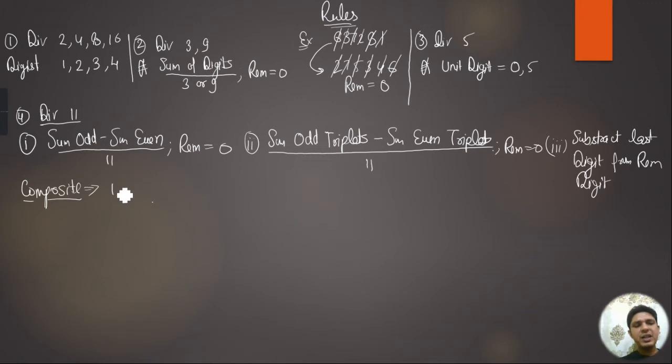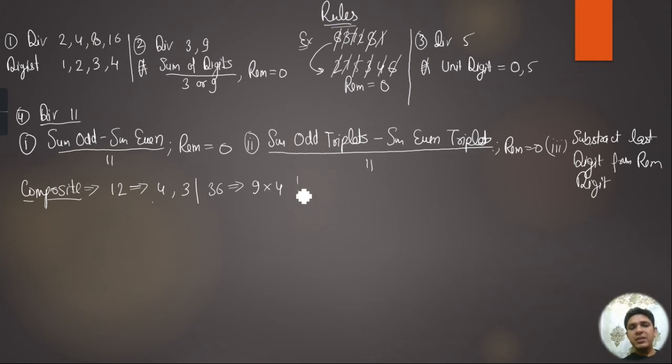For example, if we check the number 12, this is a composite number. For checking the divisibility by 12, you will have to check the divisibility by 4 and 3, right? Like this, if you have to check the divisibility by 36, you have to check the number's divisibility by 9 and 4.